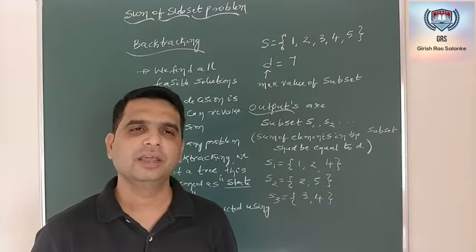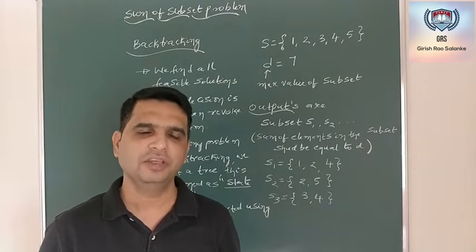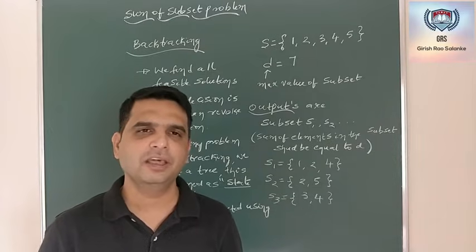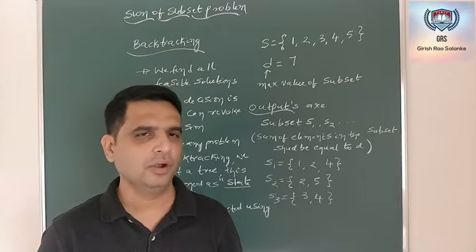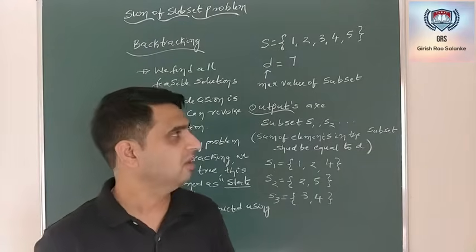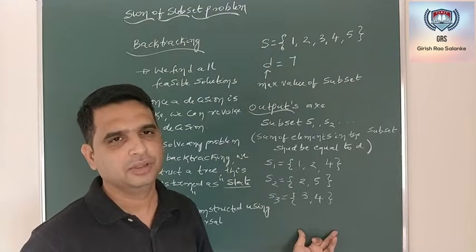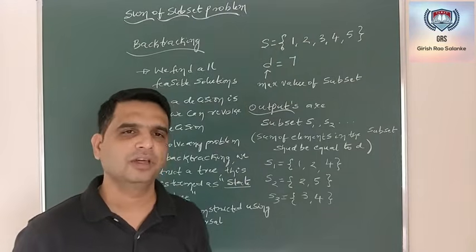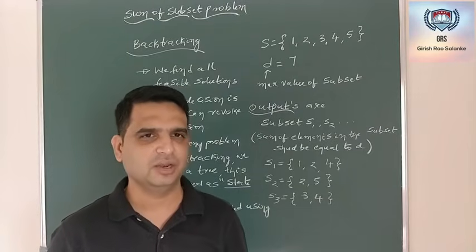Moreover, all the nodes in the state space tree can either be a promising node or a non-promising node. What do we mean by promising and non-promising nodes? While taking the example to solve this sum of subset problem, I will tell you. I can say that promising nodes are those nodes in the state space tree which lead to the final solution.